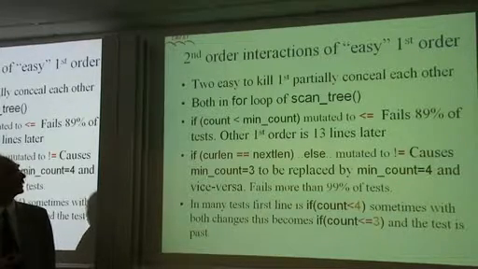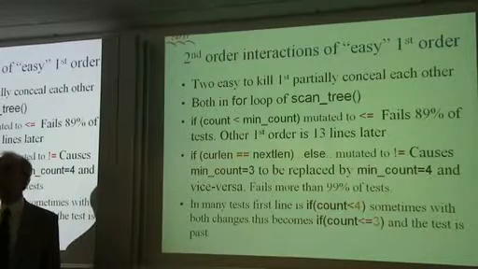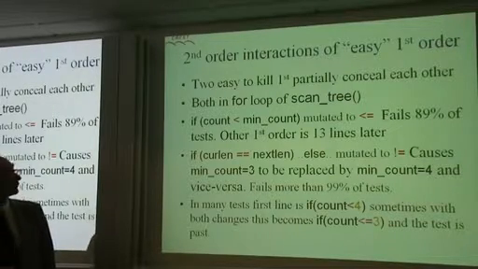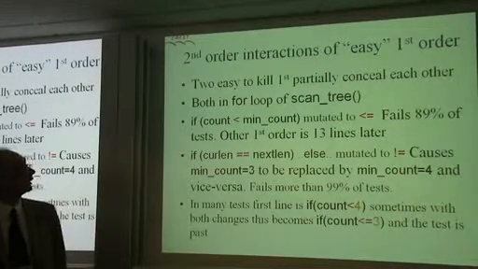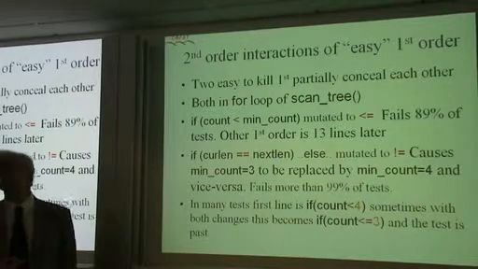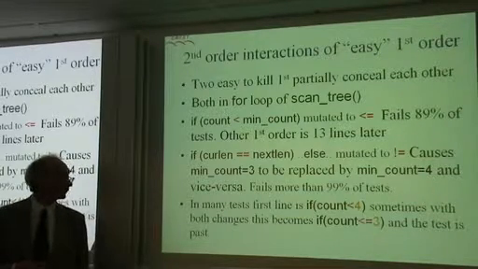So replacing equals with not equals means we reverse the order of the things in the else, and that breaks everything. But when we put those two together, we actually get masking between them.